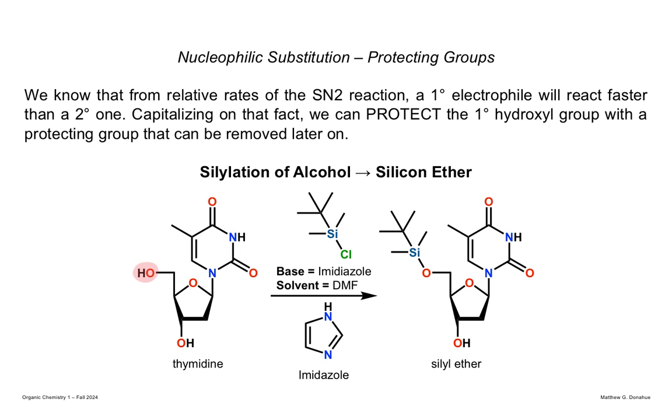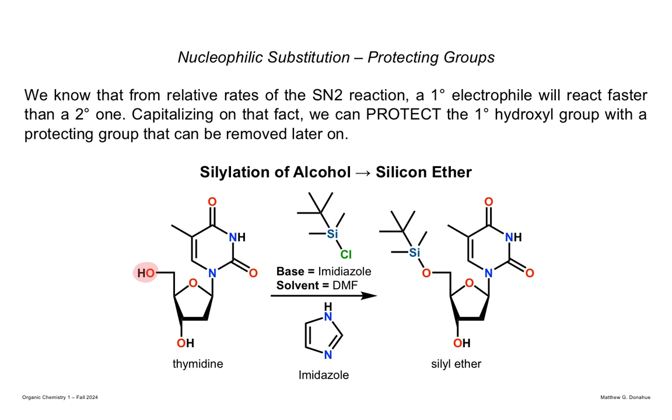The first issue we're going to tackle is dealing with that primary alcohol. We know that overall it's left untouched in the product, and we have to get rid of its reactivity relative to the secondary alcohol. So the first thing we do is we protect it.